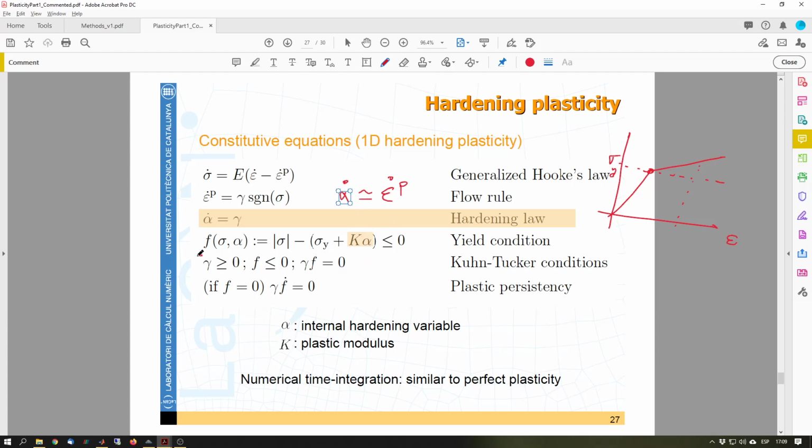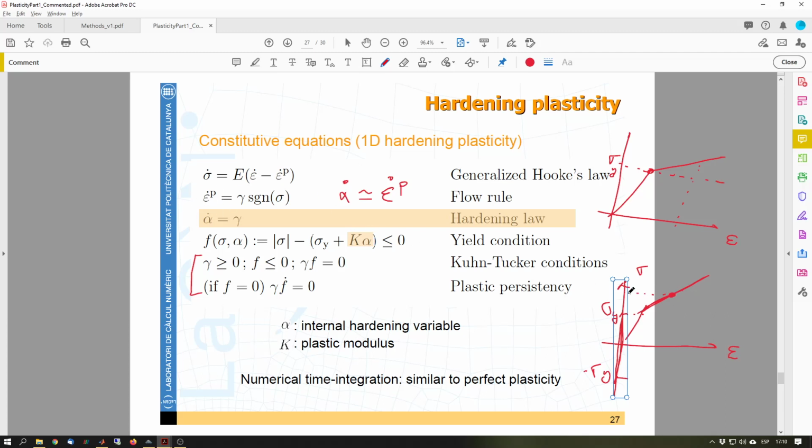This is exactly the same as we had, so the only modification is this factor in the yield condition. My domain for sigma was sigma y and minus sigma y, and that was my admissible domain. But if I keep increasing my stresses, my domain is enlarged at that point, when I have a certain amount of plastic strains.